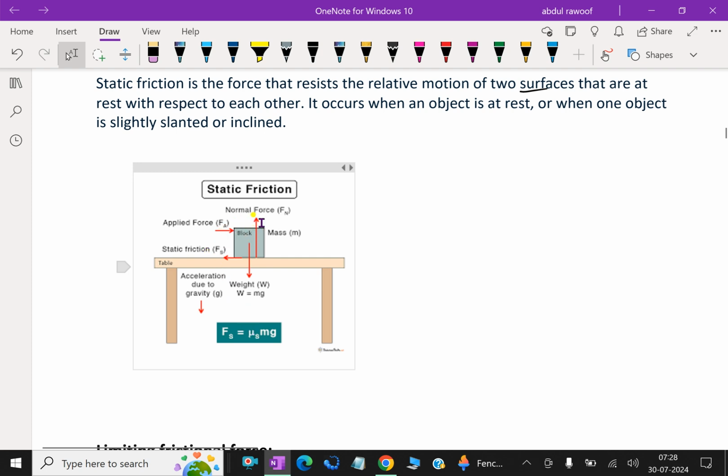The normal force acts upward, the weight mg acts downward, due to acceleration due to gravity. The applied force is the pushing force here. Then static friction happens in the opposite direction of that applied force. So static frictional force Fs equals mu s mg. Mu means the frictional coefficient between the surface of the table and the surface of the block.